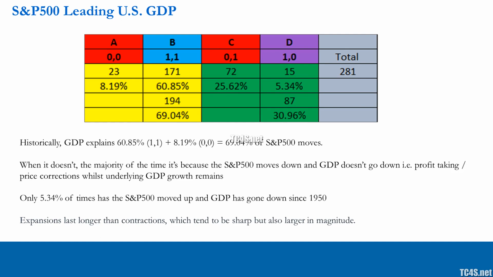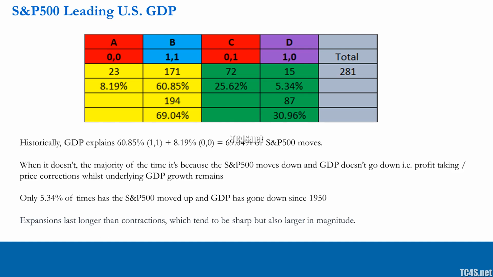So we can see from the table quite clearly that when the S&P 500 and GDP move in opposite directions, the majority of the time it's because the S&P 500 moves down and GDP doesn't go down. So GDP is reported up.